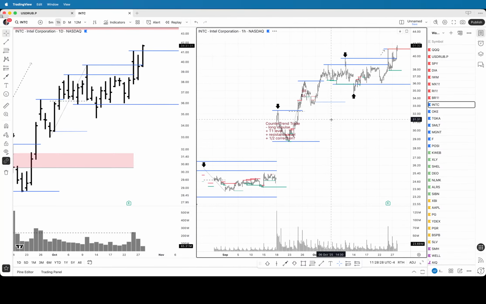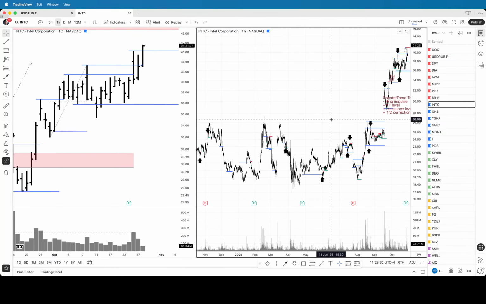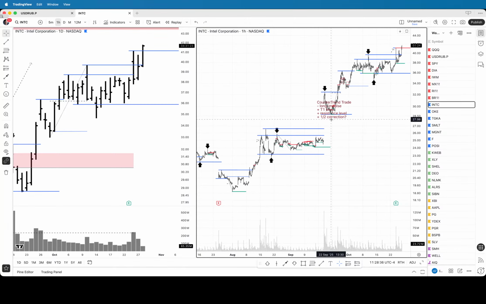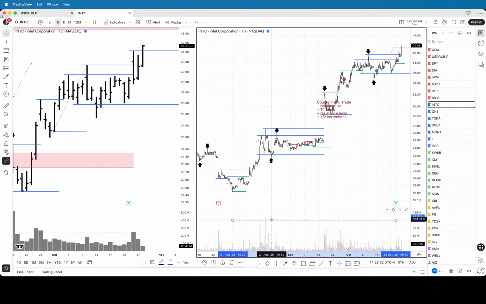All this volume, huge volume, and nothing.